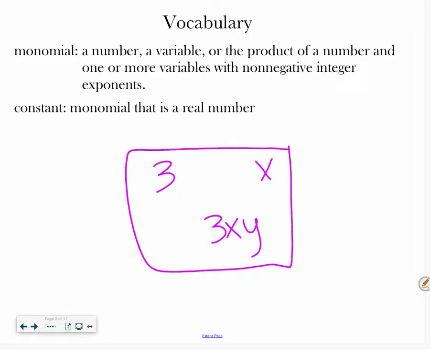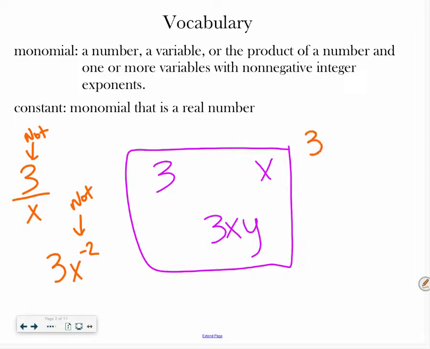Some non-examples is if we had 3 divided by x. You can't divide by a variable. This is not a monomial. Another example could be if we had 3x to the negative second power. That is another non-example, okay?